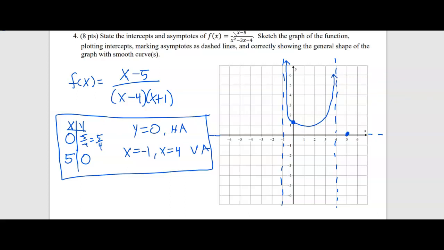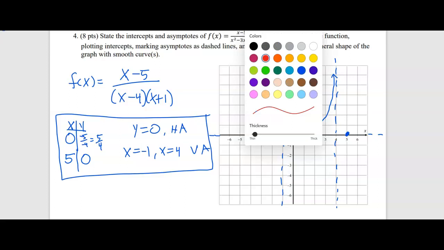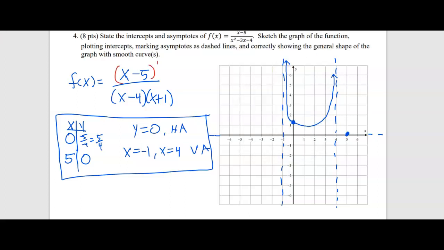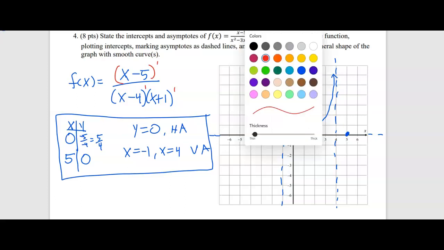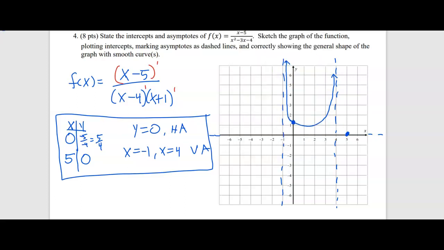Now for the rest of this, you could use multiplicity. Specifically, the multiplicity of all of the x-intercepts and the vertical asymptotes are 1, which tells us that the sign, positive or negative, will be opposite on each side of these events.